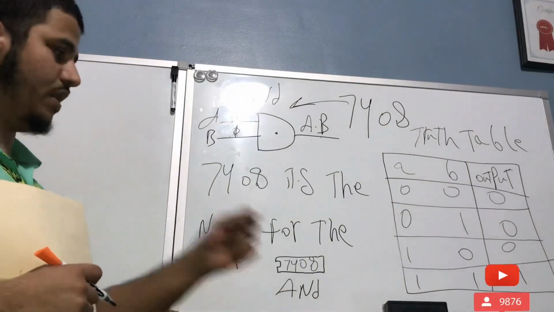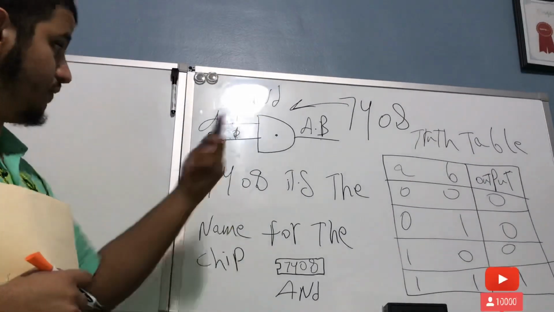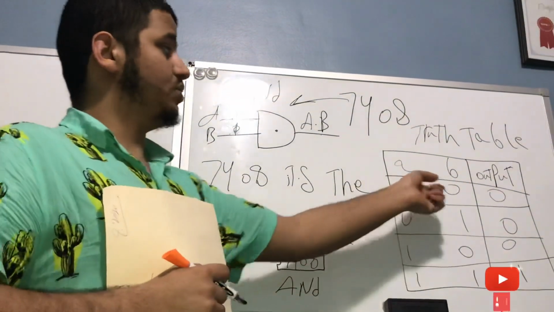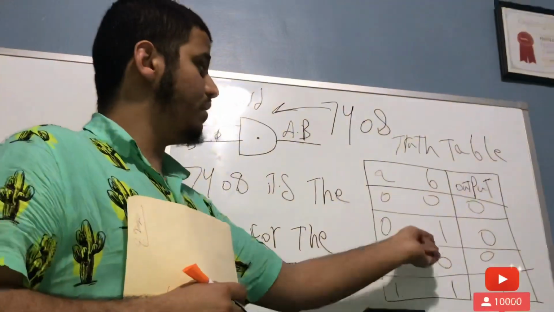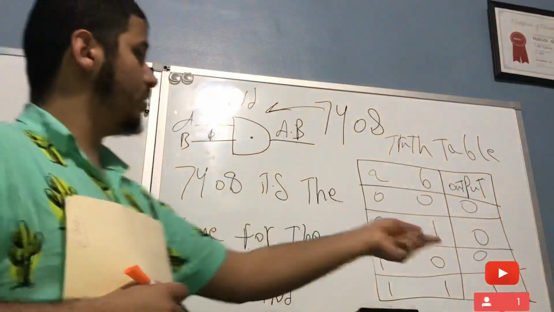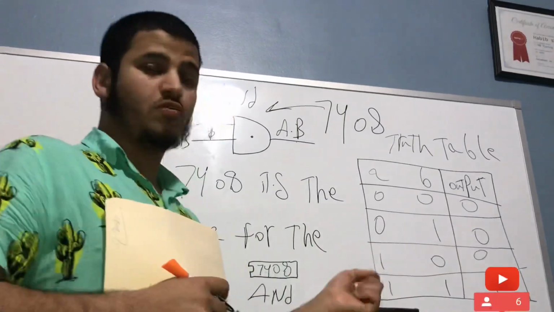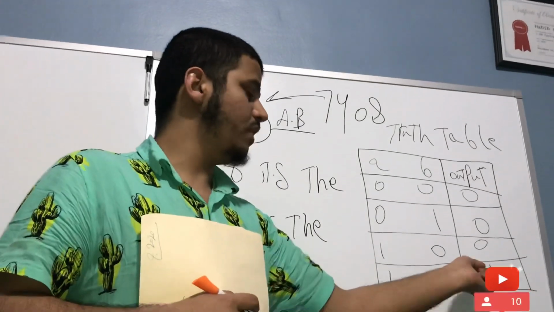So 7408. I'm just giving you the basic things and how you solve them, and that's also the truth table for it. If we have 0 0 as the input, the output will be 0. If we have 0 1, the output will be 0. If we have 1 0, the output will be 0. If we have 1 1, the output will be 1.